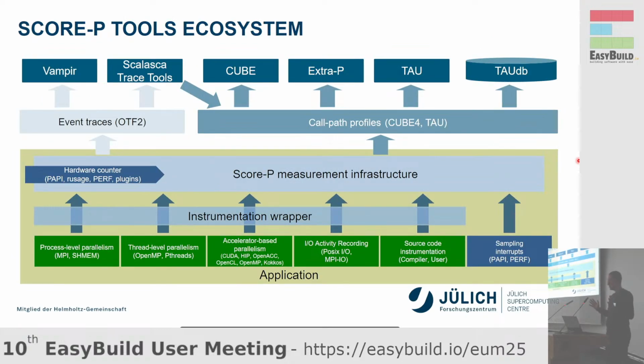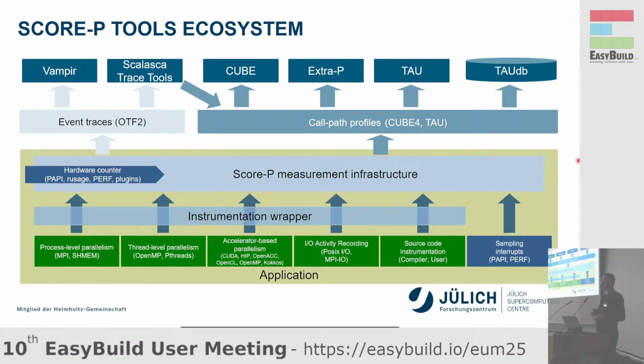That's the core of Scorpy, but there is actually a whole ecosystem of tools around it. So this is the 30,000 feet view on the ecosystem. At the bottom, you have the application where your Scorpy measurement system is baked in, which can collect via instrumentation wrappers data from all sorts of parallelism. So we support the usual ones, MPI, SHMEM, OpenMP, pthreads for process and thread level parallelism, all the accelerator-based APIs, CUDA, HIP, OpenACC, OpenCL.